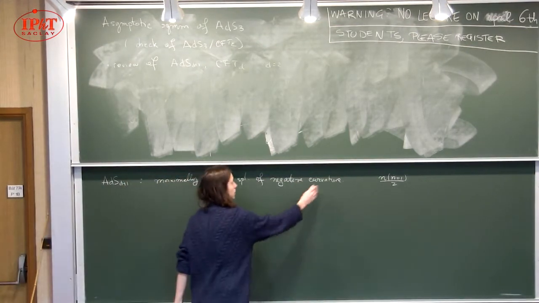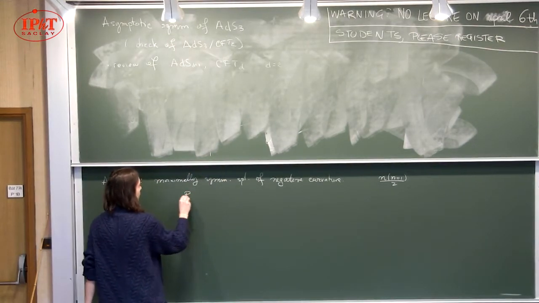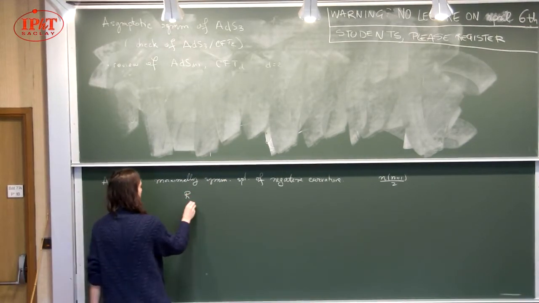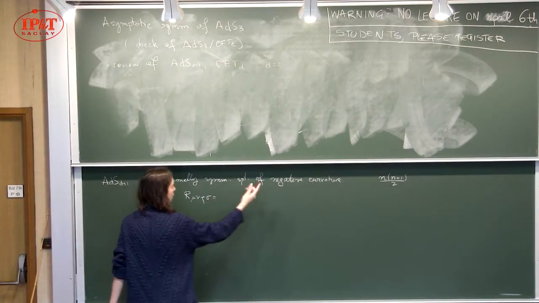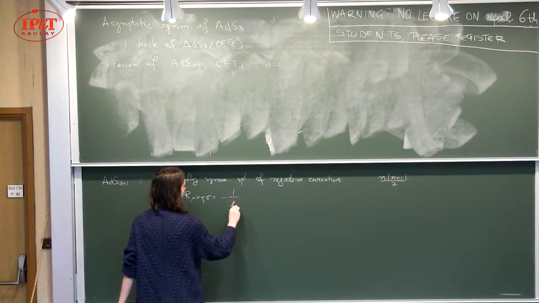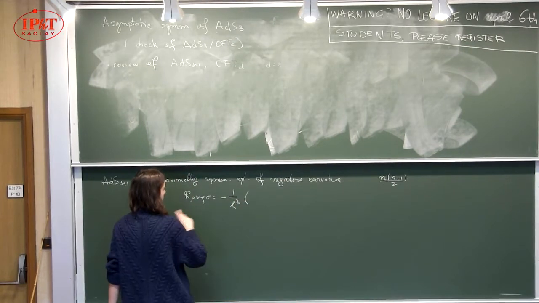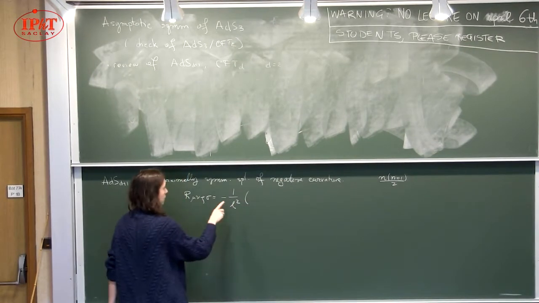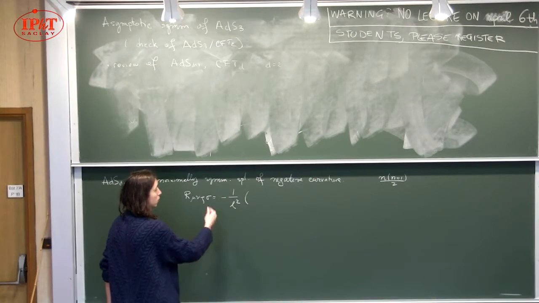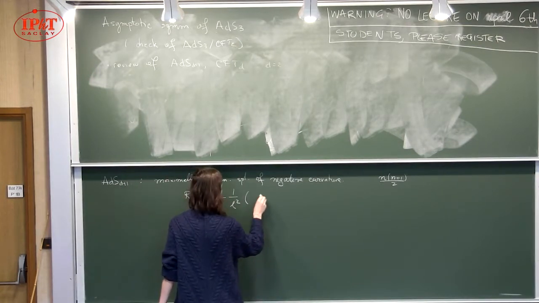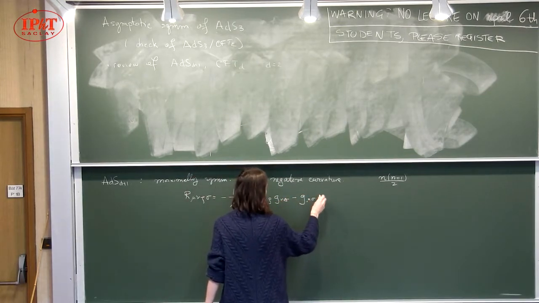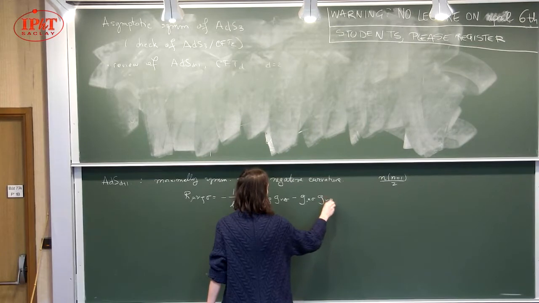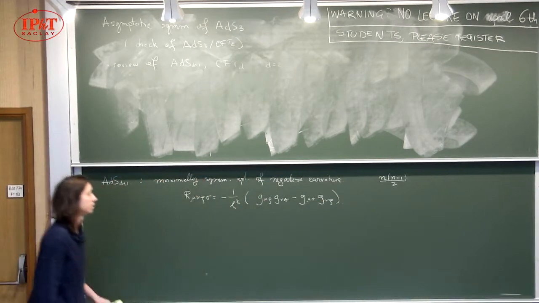So when it has maximal isometry, the Riemann tensor is entirely determined by the metric. So for negative curvature it looks like this, where L is called the radius of anti-de Sitter, with something like g_{μσ} g_{νρ} minus g_{μρ} g_{νσ}.